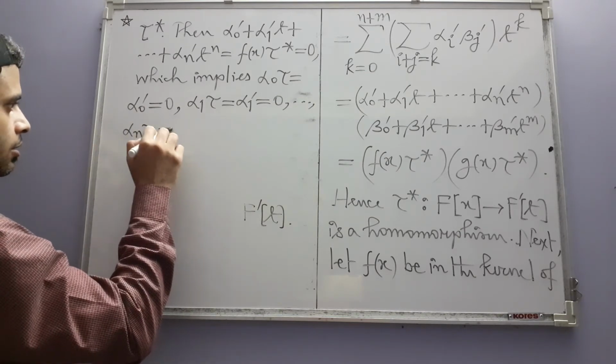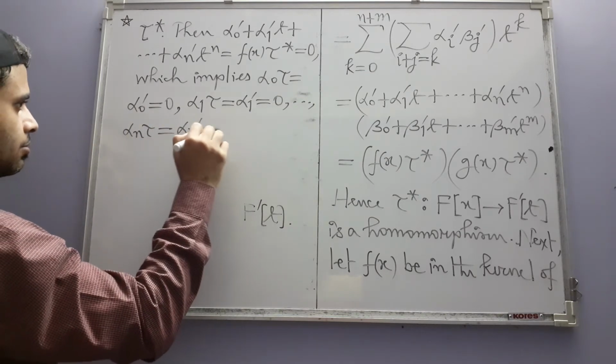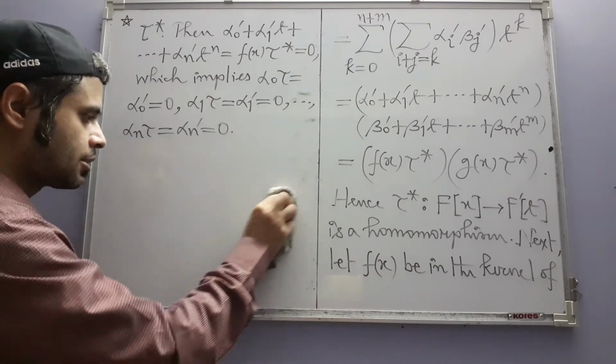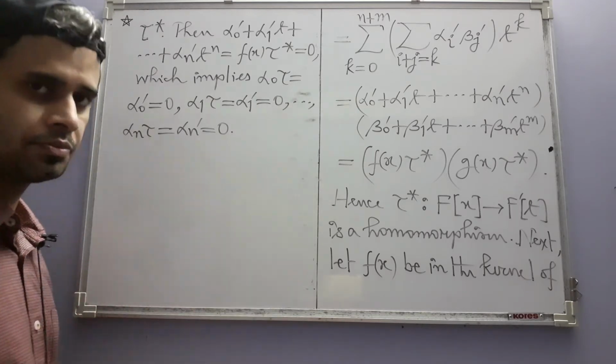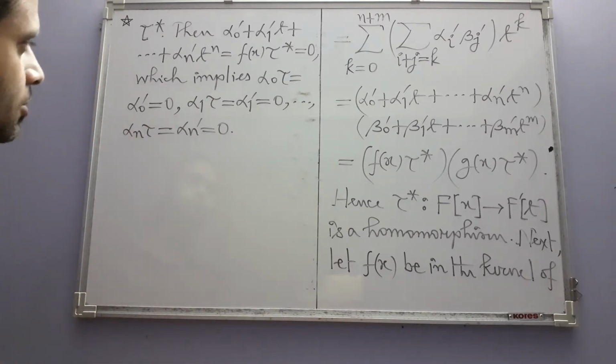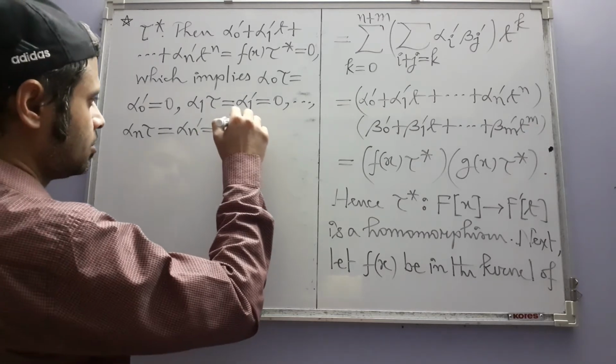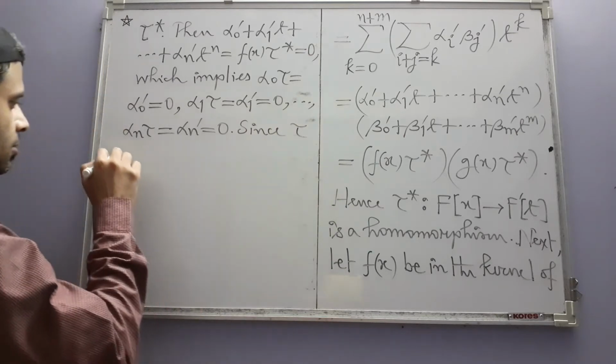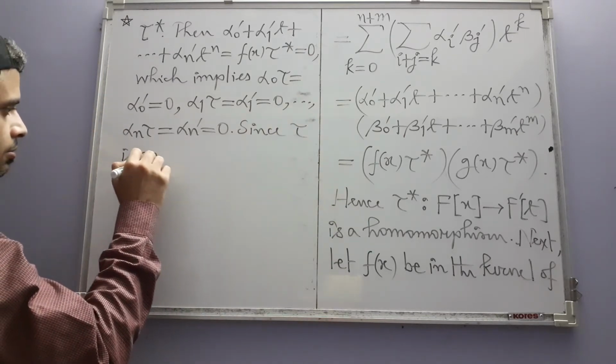Alpha n tau, which is alpha n prime, that is also equal to 0. Now tau itself, our original tau, is an isomorphism, so that is 1 to 1, since tau is 1 to 1.